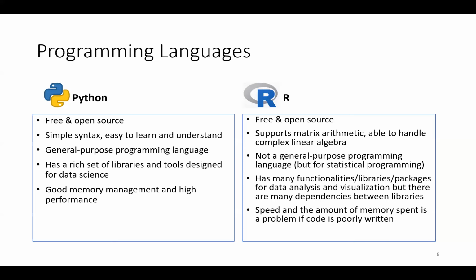I cannot say which one is better. Both have suitable applications. But for us, we will focus on Python, because there are a lot of packages that we can make use of, so that we can write programs very easily to handle different kinds of problems.